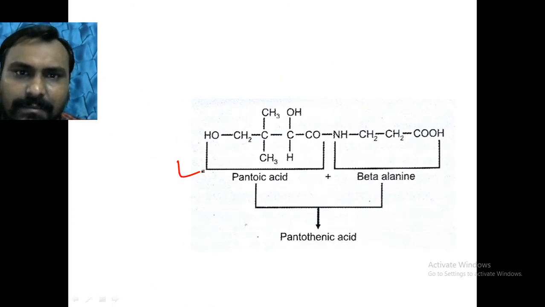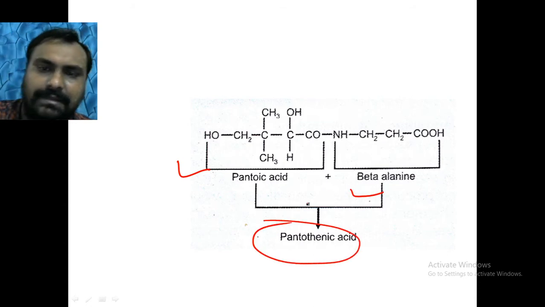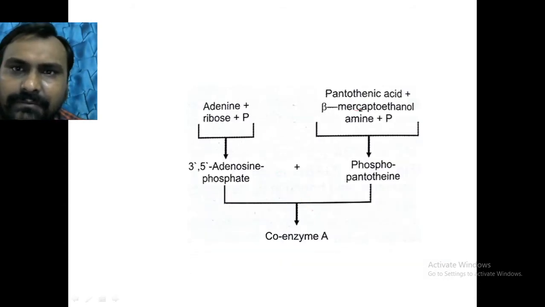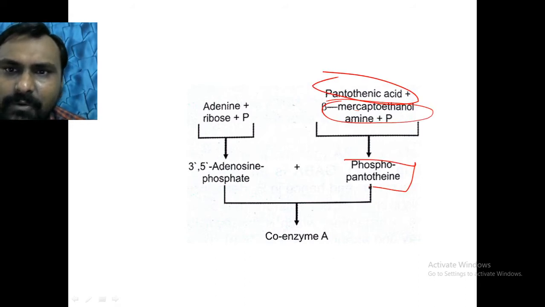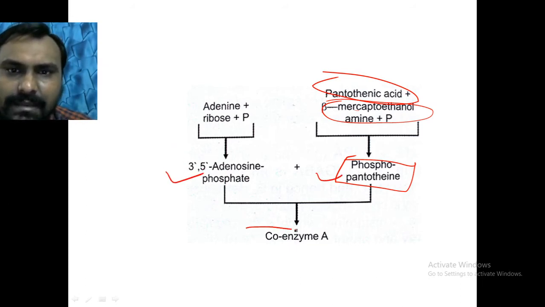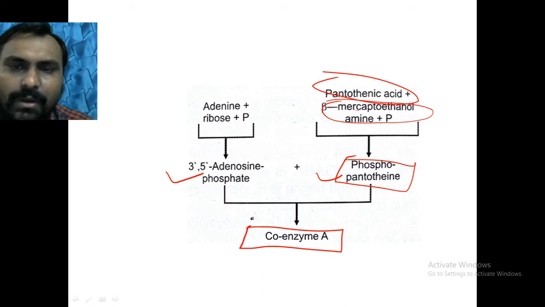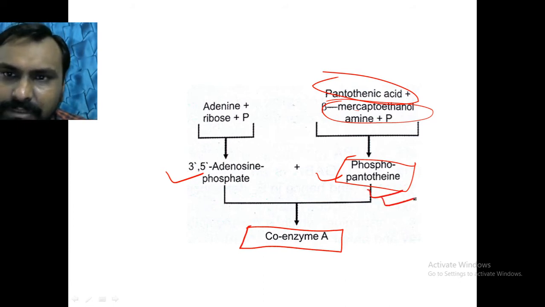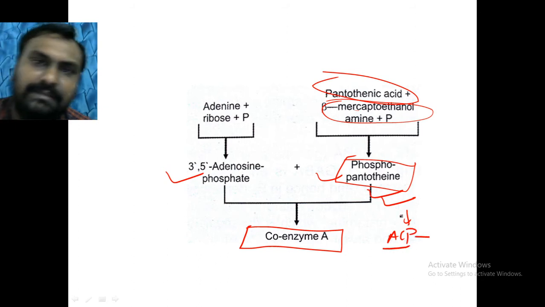You can see here pantoic acid plus beta alanine will form the pantothenic acid, and to the pantothenic acid beta mercaptoethanolamine is added and they will form the phosphopantetheine, and with the phosphopantetheine adenosine phosphate is added and it is called coenzyme A. This phosphopantetheine is also present in acyl carrier protein, which we have seen in fatty acid synthesis.